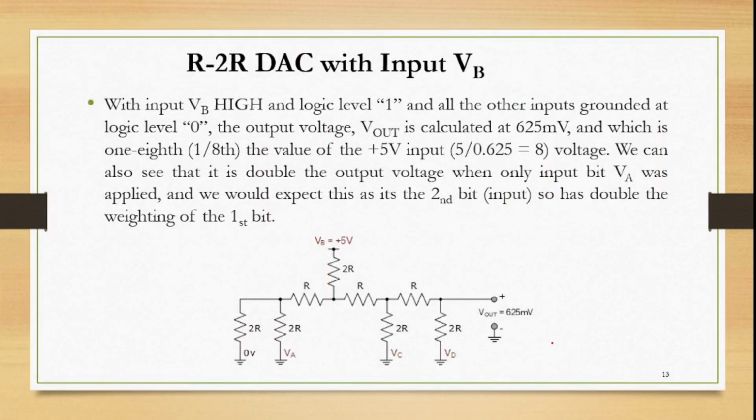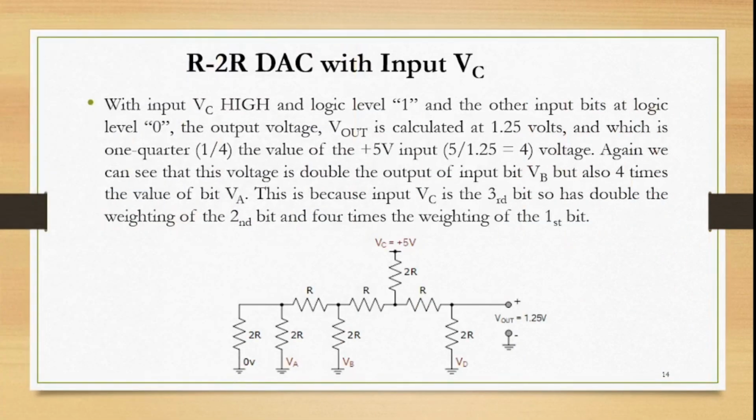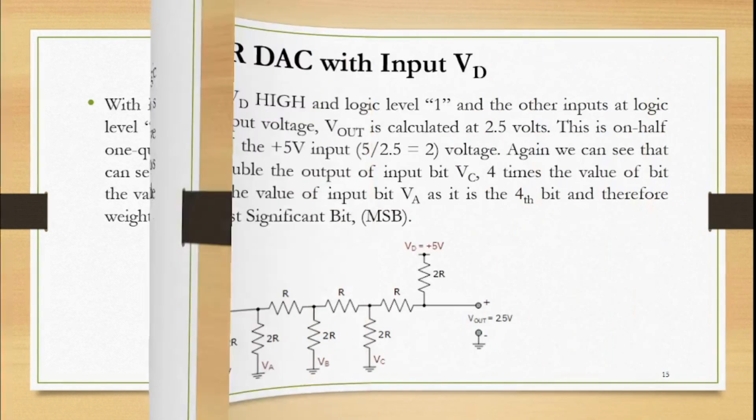Similarly, if VB is equal to plus 5 volt, if we find the Thevenin equivalent of the circuit, and then find V out, that is equal to 0.625, or we can say 625 millivolt. For the next, if VC is equal to plus 5, we'll get 1.25.